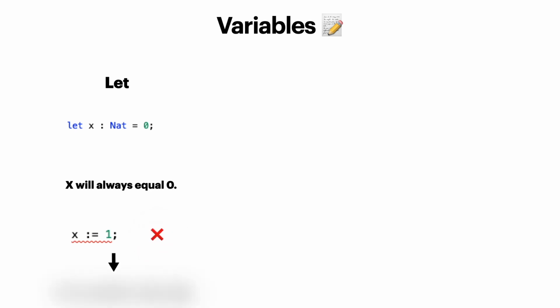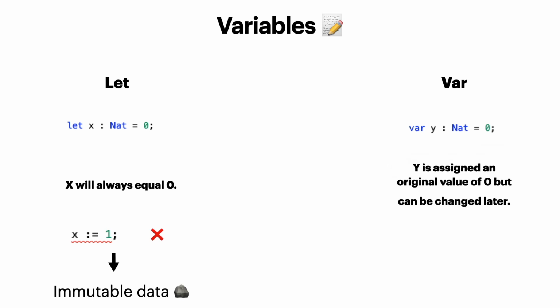Now let's see what we can do with the keyword var. So we can also define a variable with the same syntax. So var y of type nat equals 0 again. Originally y is equal to 0, but this time the value of y can be changed later in the code, and you can do that with the reassignment operator using this syntax.